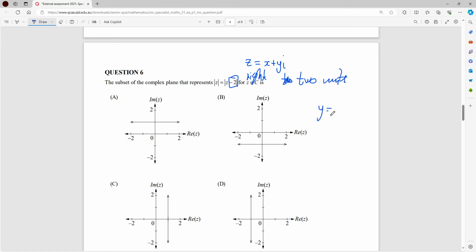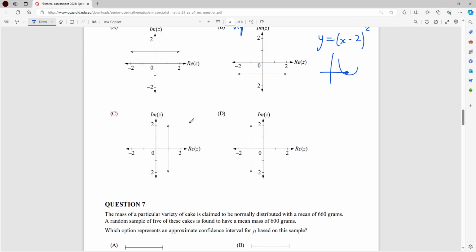If you have y equals (x minus 2) squared, that means it looks something like this here, okay? The exact same thing is here. This is a vertical line that has been shifted to the right, okay? Because it's counterintuitive. If it was z plus 2, it would be shifted to the left. So the correct answer here would be any vertical line shifted to the right. So the correct answer is C, okay?